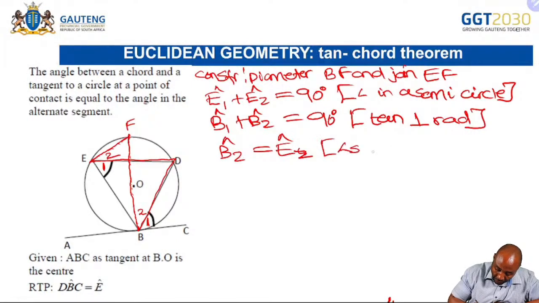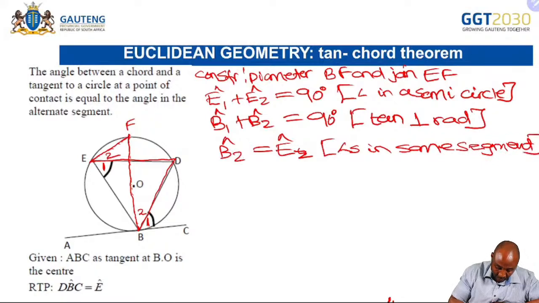These are angles in the same segment, or angles subtended by the same chord or arc. If you check, DF subtends that angle, and it also subtends angle E2. So these two angles are equal.